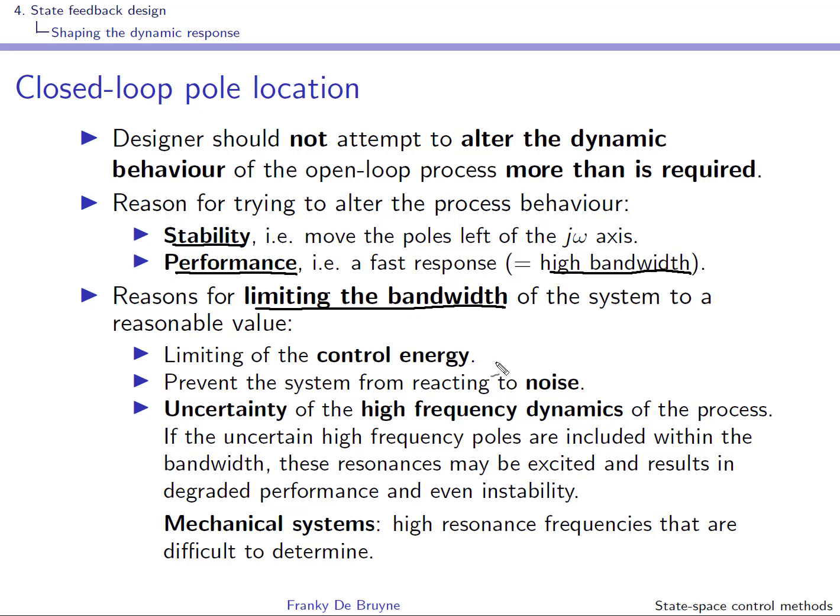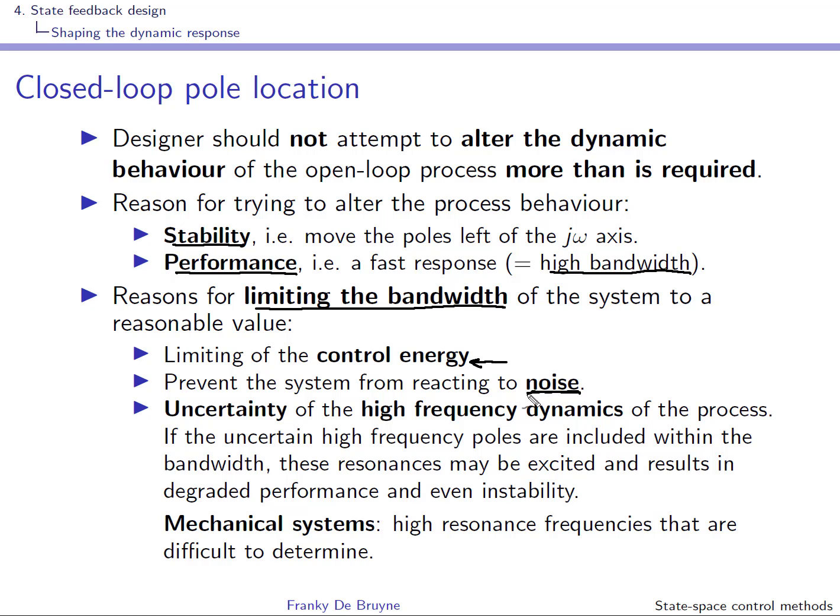As we have seen, it's a good idea to limit the control energy, but it's also a good idea to limit the bandwidth because we know that the noise that is present on all signals is in the high frequency ranges. So if we limit the bandwidth, we'll prevent the system from reacting to noise.